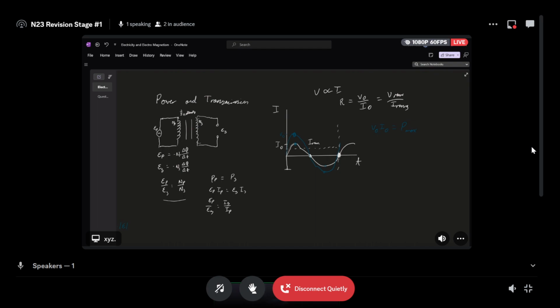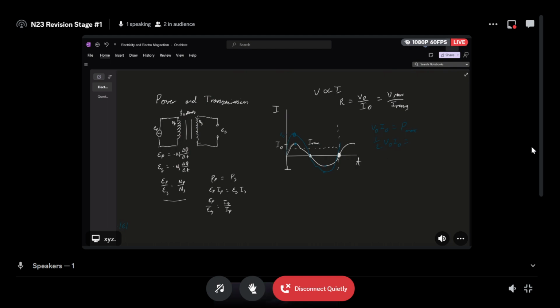However, the average will be half of V naught I naught. And this is because if you take root mean squared of the squared sine, because essentially you get a squared sinusoid of equal period, you will get a factor of a half.